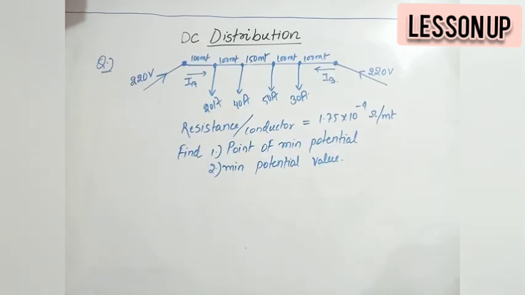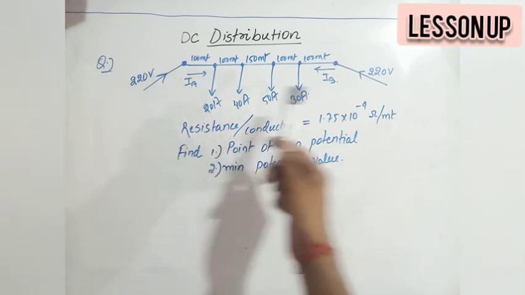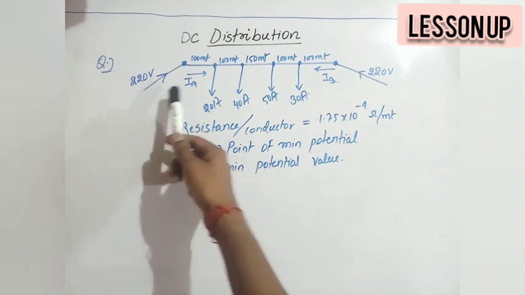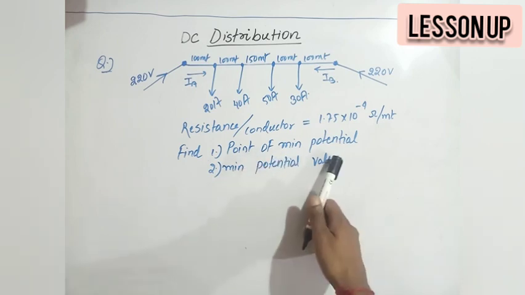Now our next question is related to non-uniform loading. When the distributor is fed from both ends with equal supply, we need to calculate the minimum potential point.